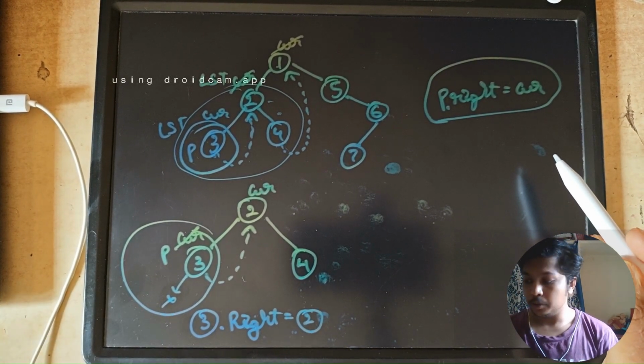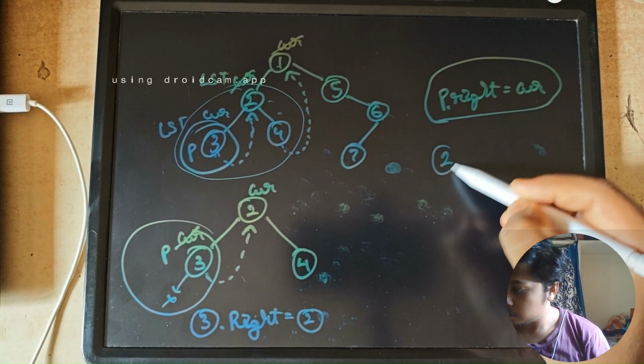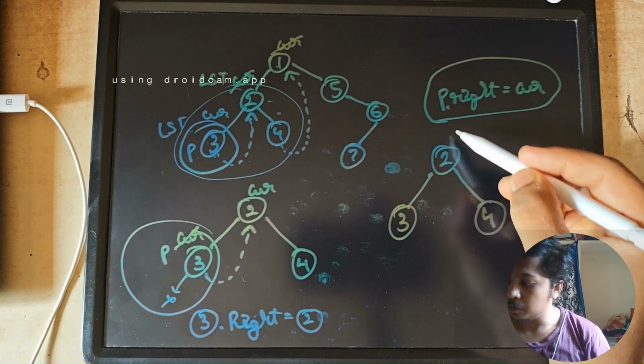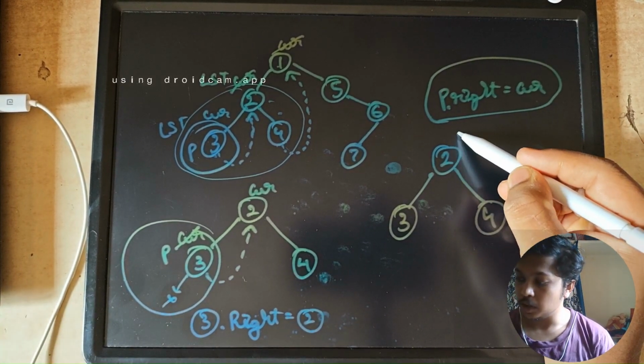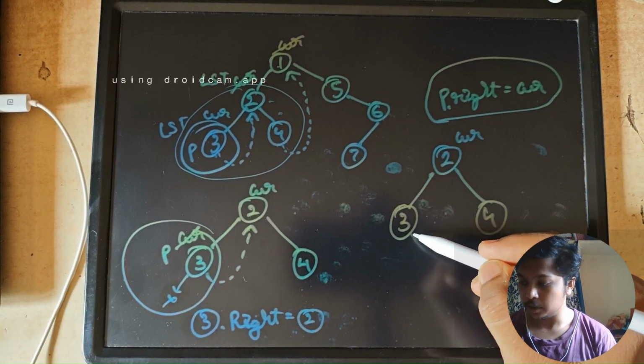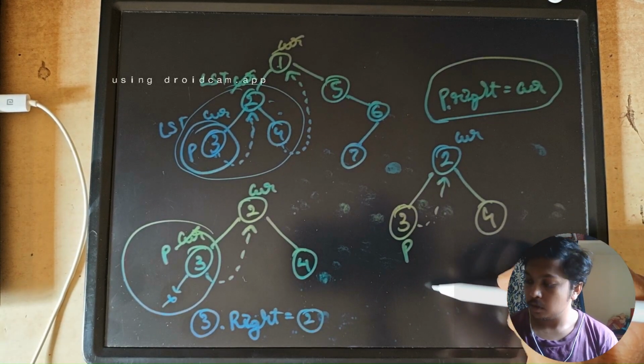Now what do we have to do? In this situation, we have two nodes. One node is at the root and another node is at this point. Like this is previous.